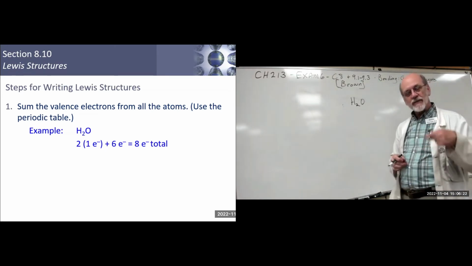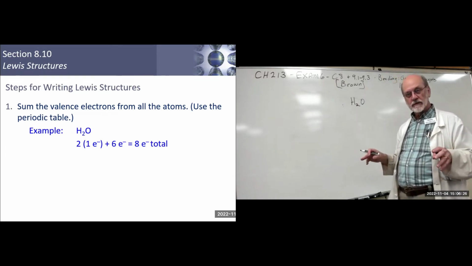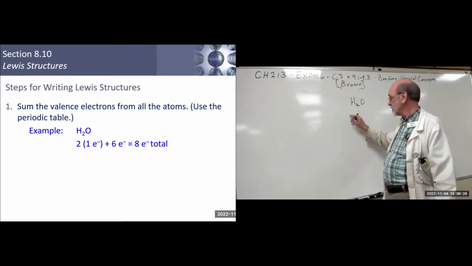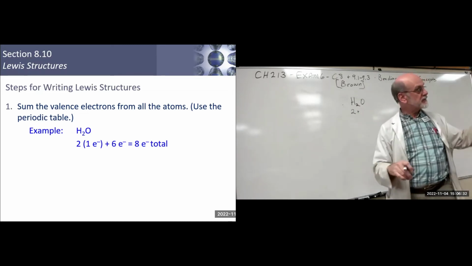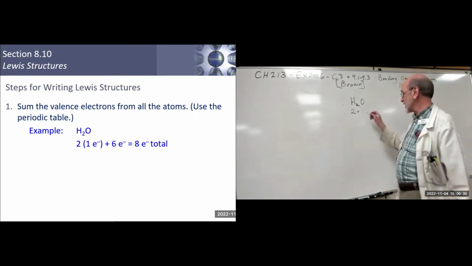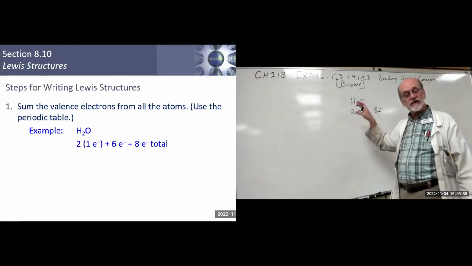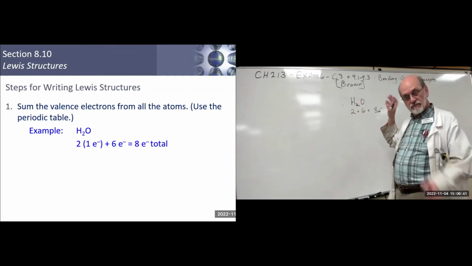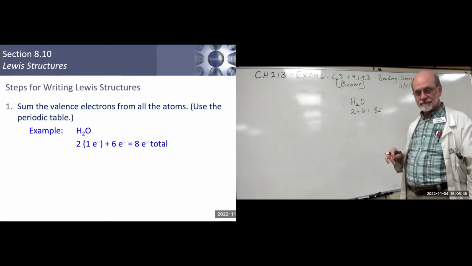What you do is you add up the valence electrons for all the atoms in the molecule. You got 1 for each hydrogen. That means 2. And oxygen is in the 6th position, so it has 6. So we have 8 valence electrons to put into this model of oxygen and hydrogen, water.